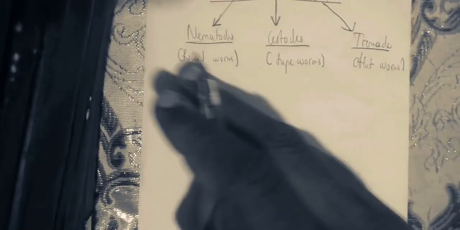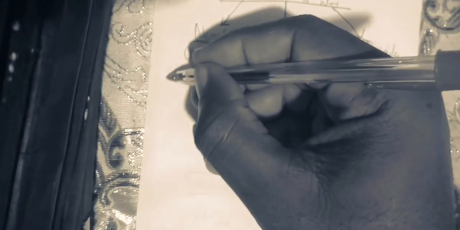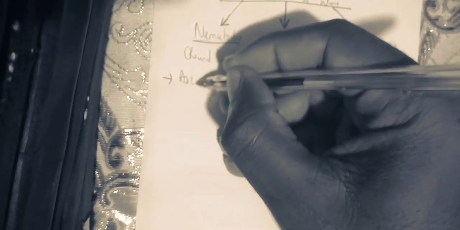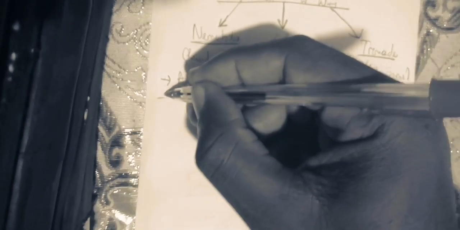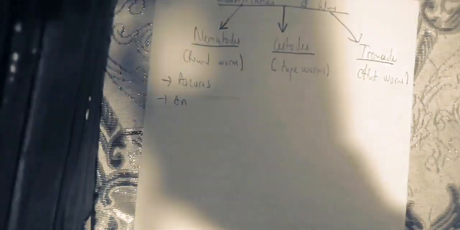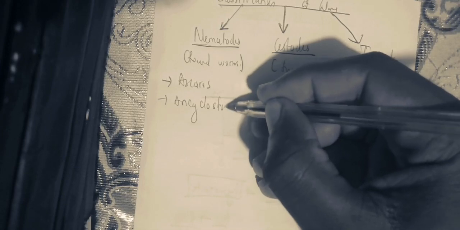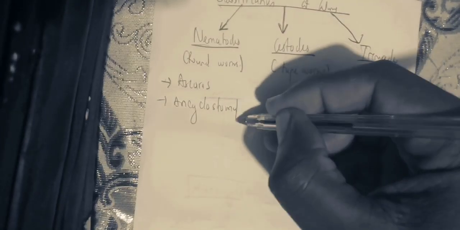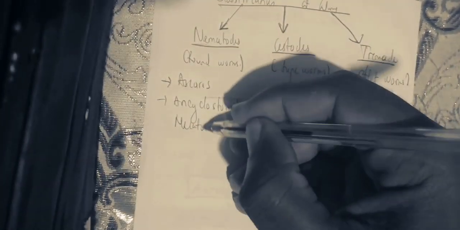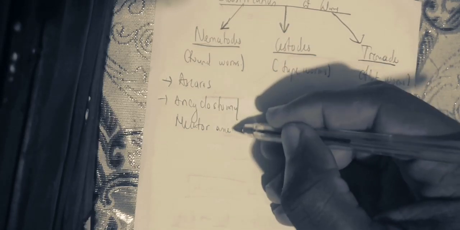Now, among the nematodes, you have Ascaris lumbricoides. You also have Ancylostoma duodenale, or it is still called Necator americanus.